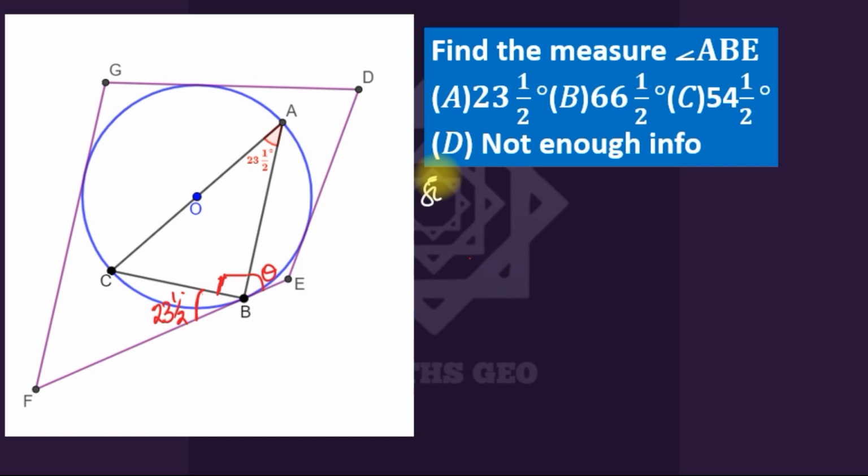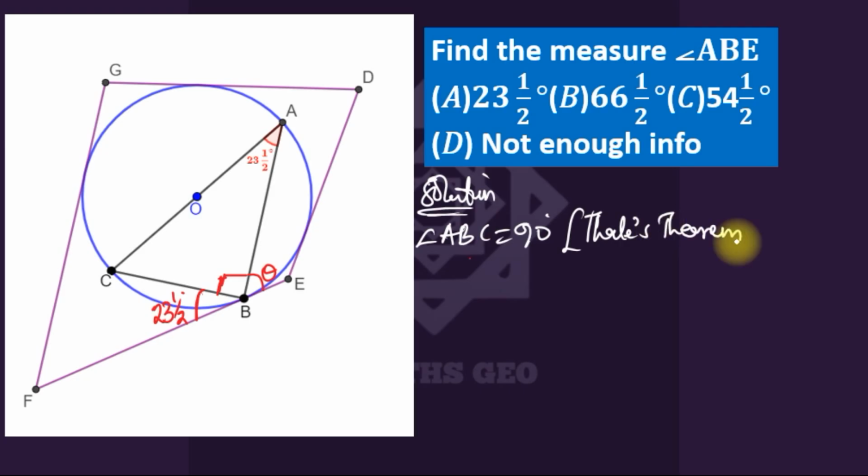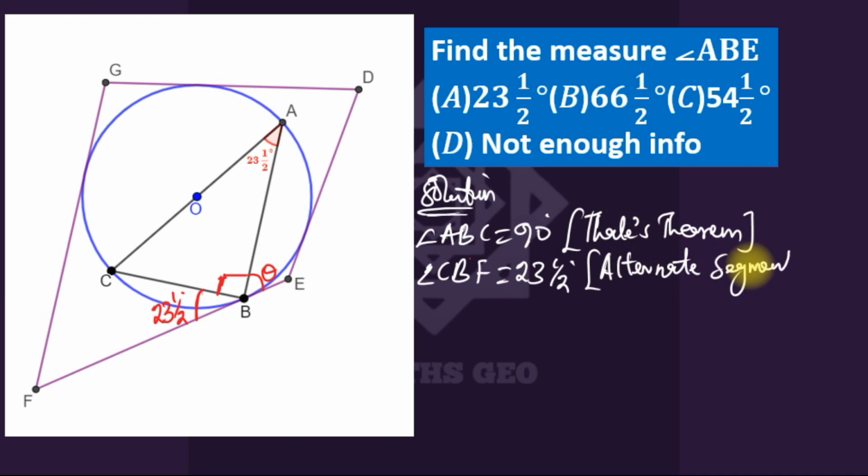The first thing I noticed is that angle ABC is 90 degrees based on Thales theorem, and that angle CBF is 23 and a half based on alternate segment theorem.